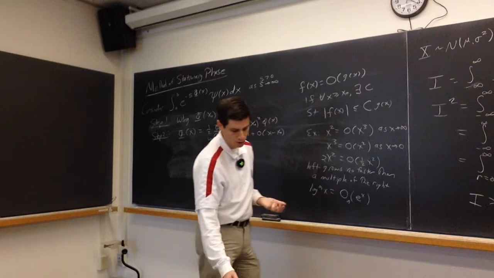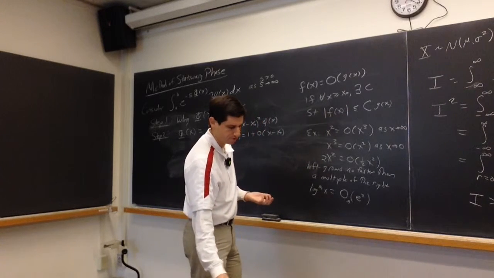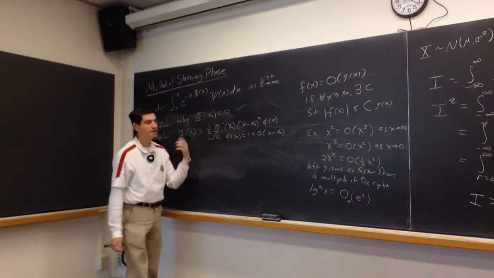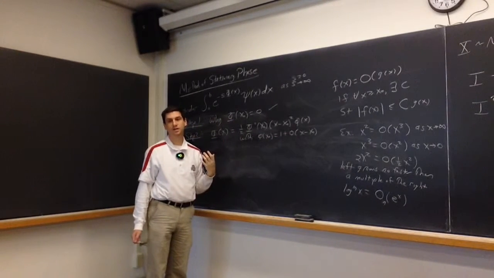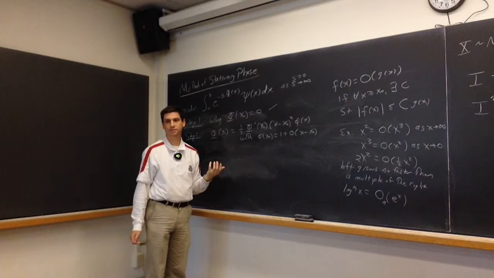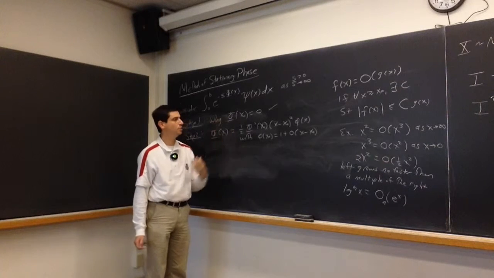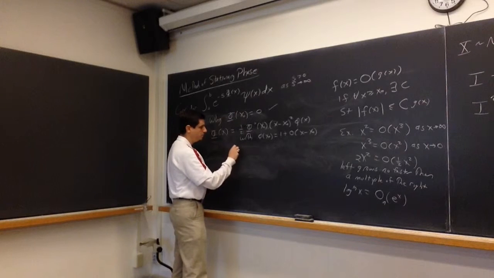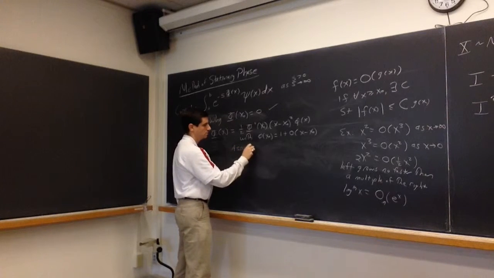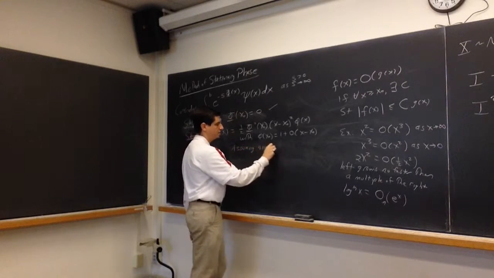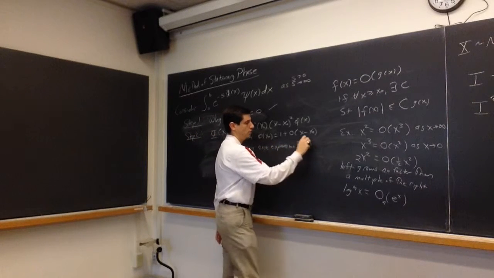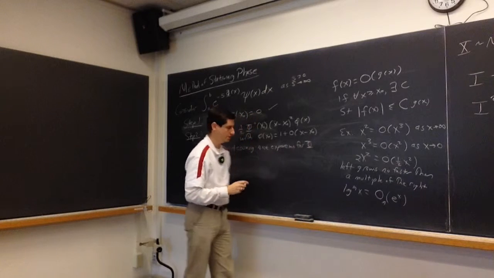Okay, any questions about step 2? This is basically just saying that phi has at least a second order Taylor series expansion, and actually a little bit more, maybe a third order Taylor series expansion. So we are assuming a nice expansion for phi.